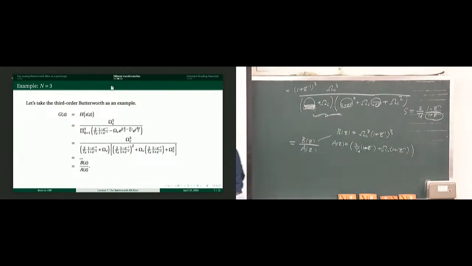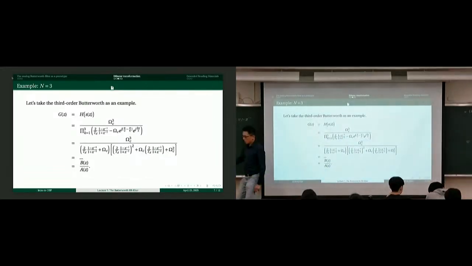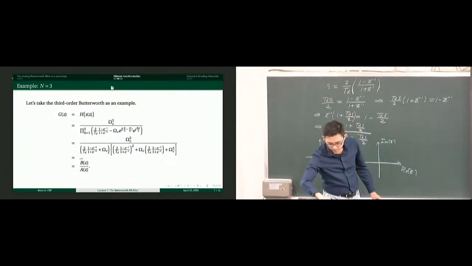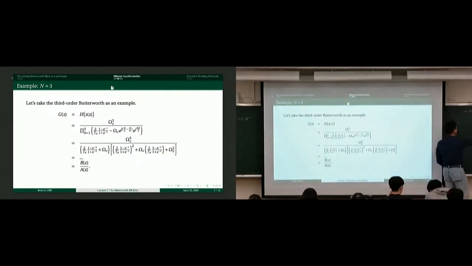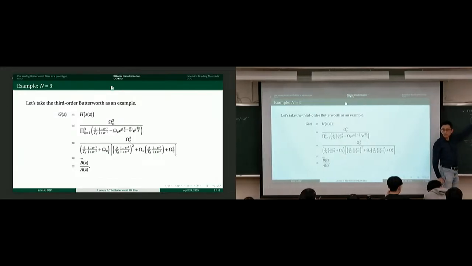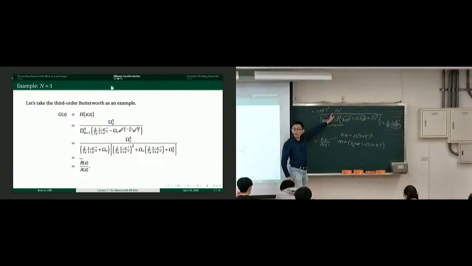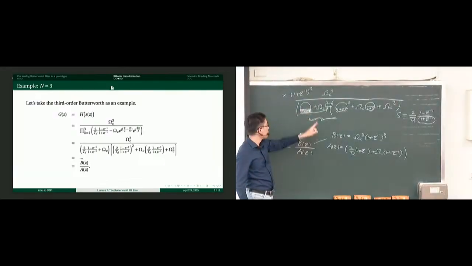Let me find another color. And so we move this 1 plus z inverse to here, okay? So that's using one of the 3 chances. Because where are the two other chances? 有3次机会了. So the first chance can be used right here.